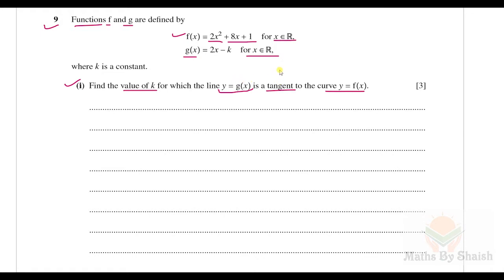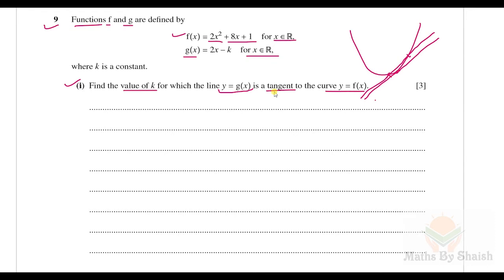One intersection point means, suppose this is the curve y is equal to f(x), and this is a line. If there is going to be only one point, this line will be the tangent to this curve at one point. So we'll start with f(x) is equal to g(x).